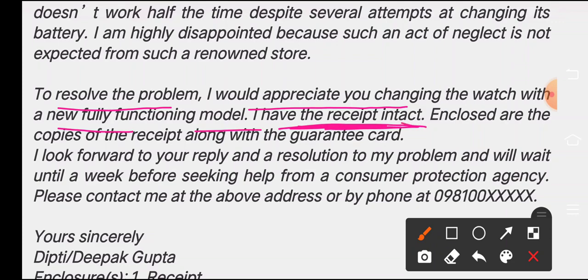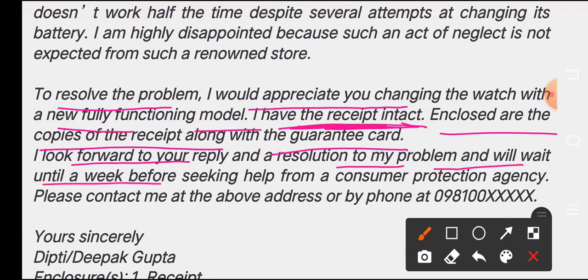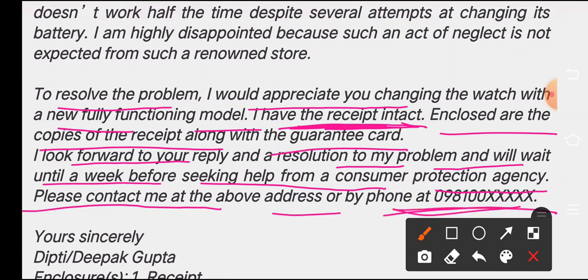Enclosed are copies of the receipt along with the guarantee card, meaning I have attached all this information, the bills and the receipts, with the letter. I look forward to your reply and a resolution to my problem, and will wait a week before seeking help from the Consumer Protection Agency. Please contact me at the above address or by phone, and you can also mention the phone number.